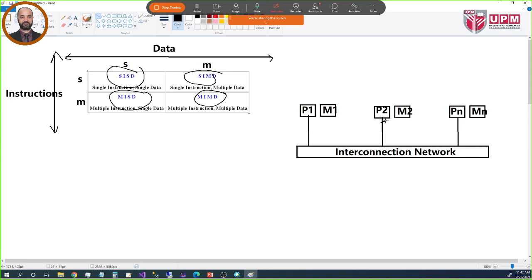So these arrows are like that, so it can read and write from the memory and the processing unit at the same time. Drawing using a mouse is not a good idea actually.